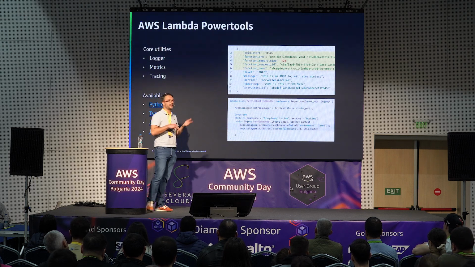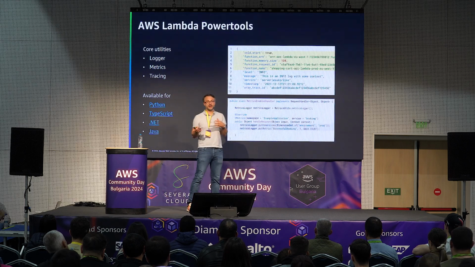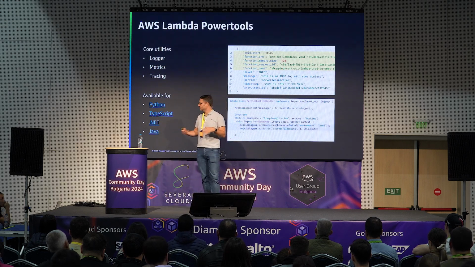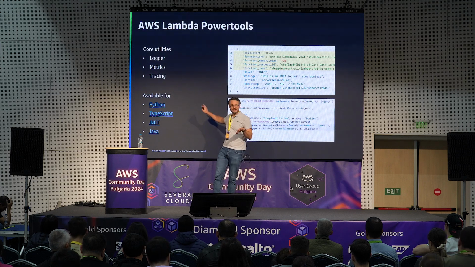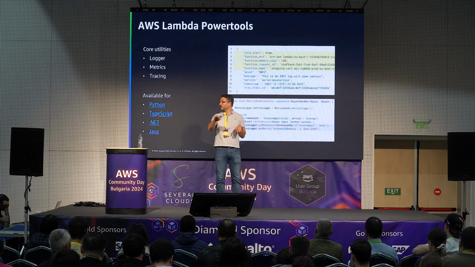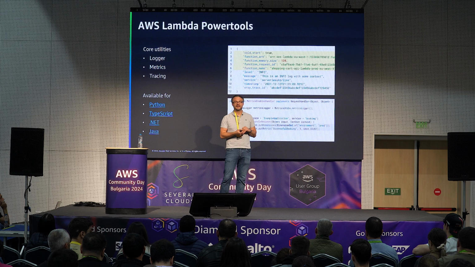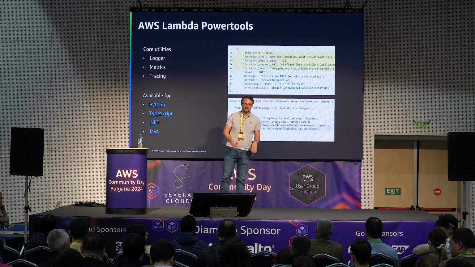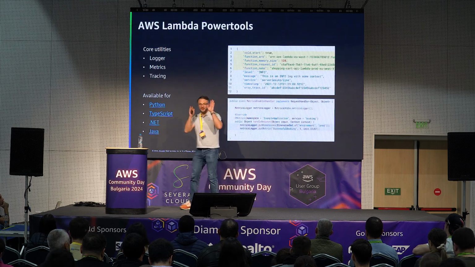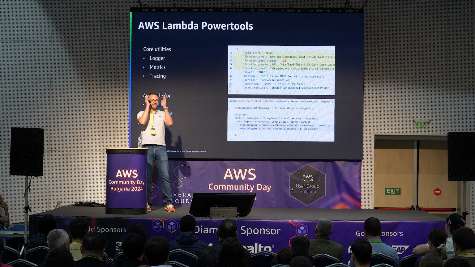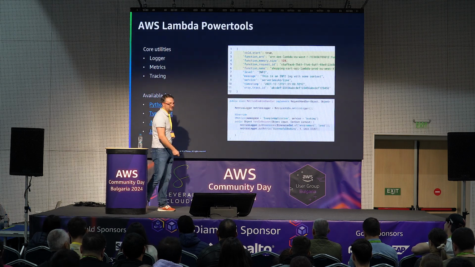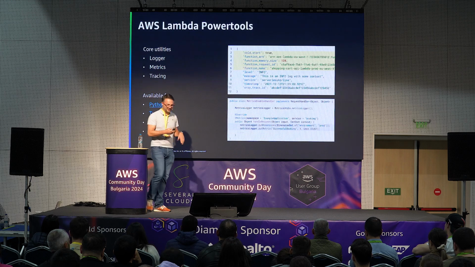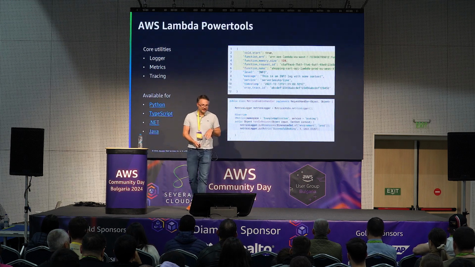So there are a lot of other things which help you a lot when writing Lambda functions. So if you don't use Powertools now, start from today. Who is using Powertools? Not that many. Start using Powertools. You come in on Monday, you start writing Lambda functions, use Powertools. You will get a lot of benefits there.